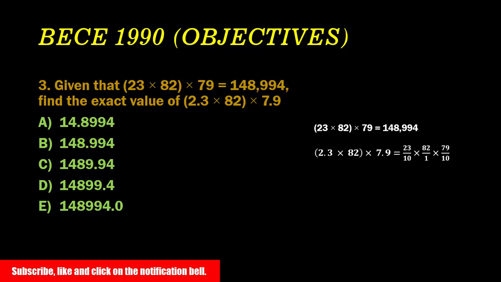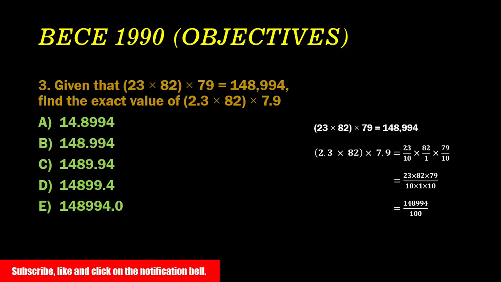So what do we do? We simply apply the rules in multiplying fractions. We multiply the numerators separately, then we multiply the denominators separately. So when you multiply the numerators, that is 23 times 82 times 79, you come up with 148,994.